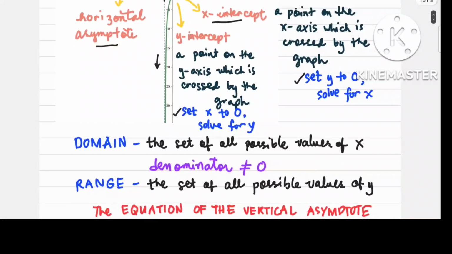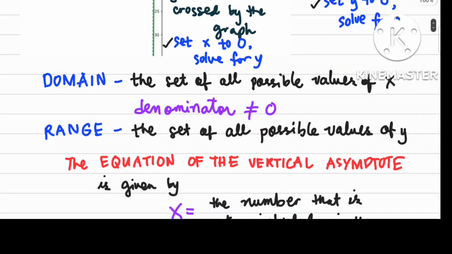Now we take note that the domain of a rational function is the set of all possible values of x.